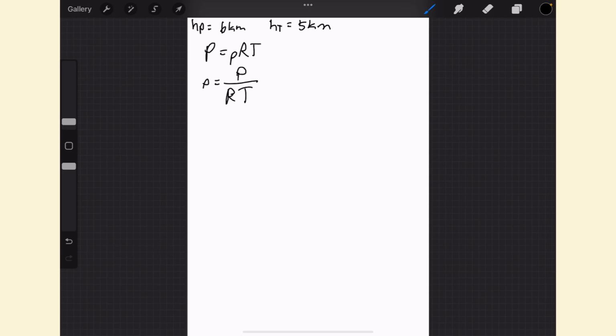So, plot lang natin yung ating mga given dyan. Siyempre, yung pressure natin na 4.72 times 10 raised to 4 Pascal all over yung gas constant natin, which is 287.08 joules per kilogram Kelvin, multiplied sa ating temperature, which is 255.7 Kelvin.